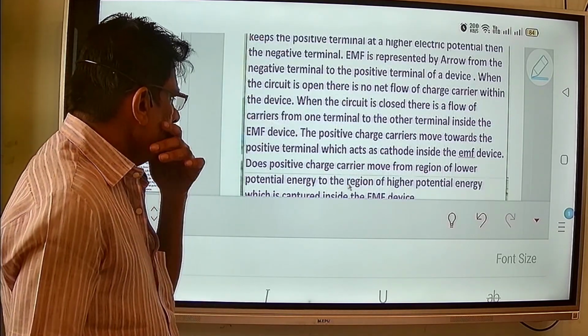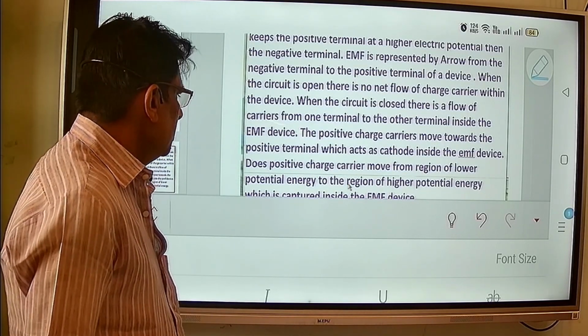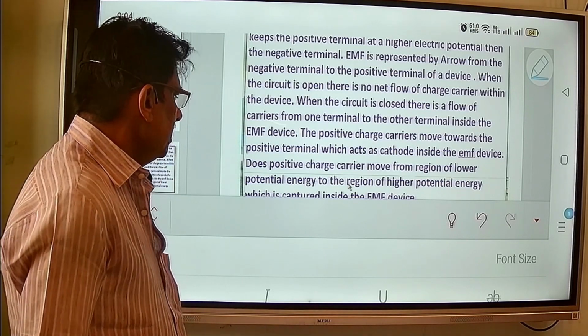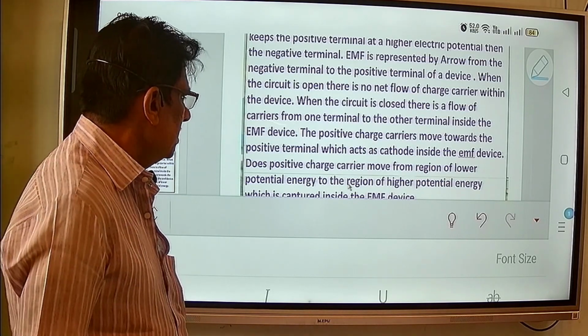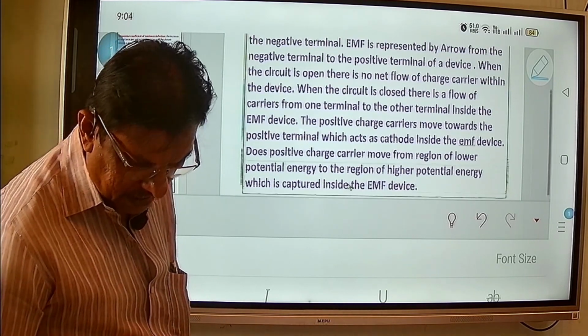Now, does the positive charge carrier move from a region of lower potential to a region of higher potential energy inside the EMF device? Yes.